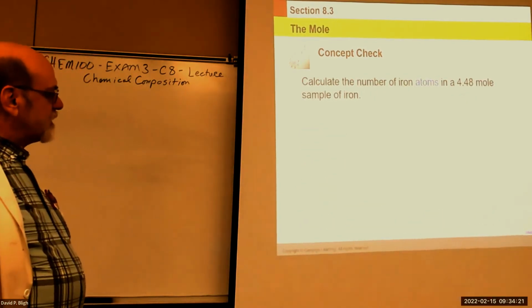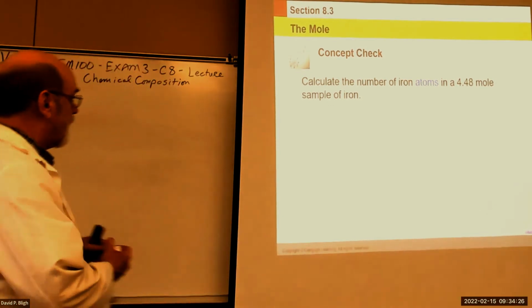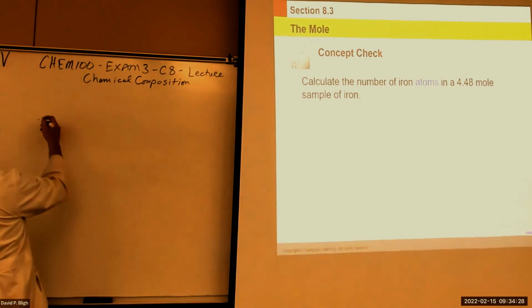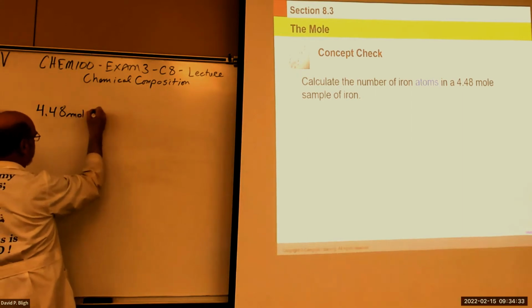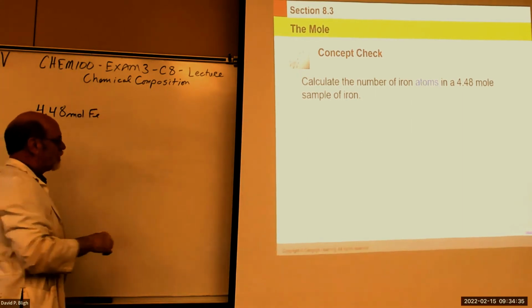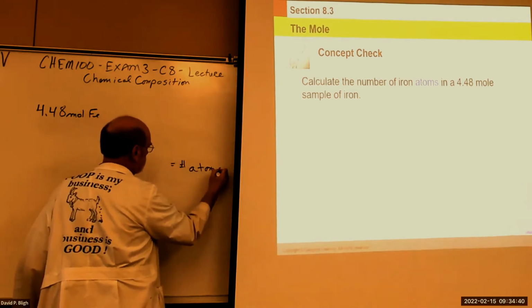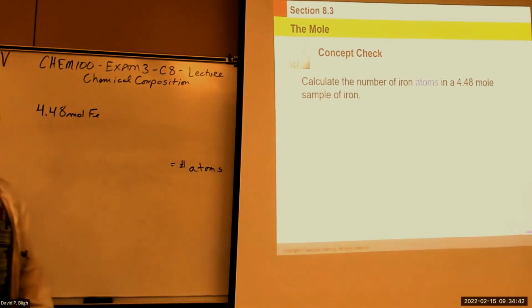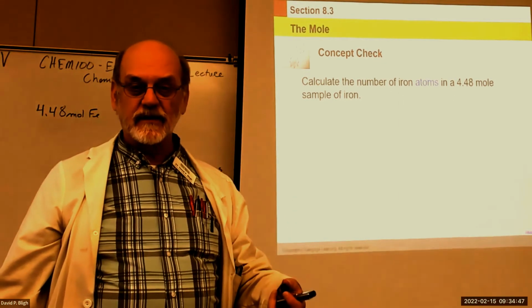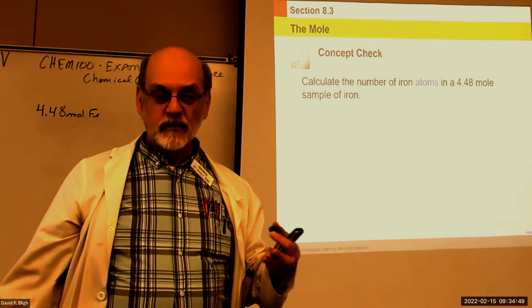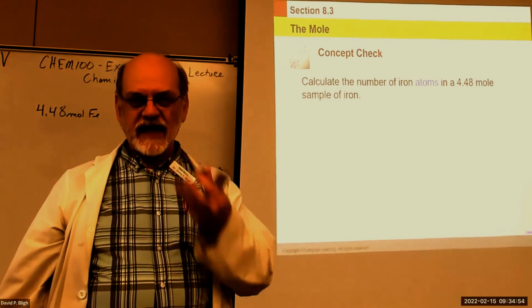Okay, calculate the number of iron atoms in 4.48 moles of iron. 4.48 moles of iron. And we want to know what? The number of atoms. In this case, does it really matter that it's iron? No. We've already got a number equivalent for the atoms.